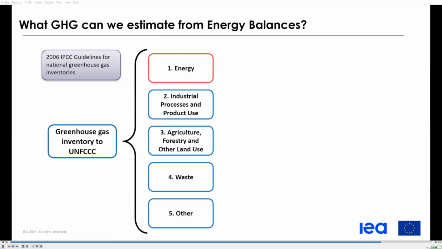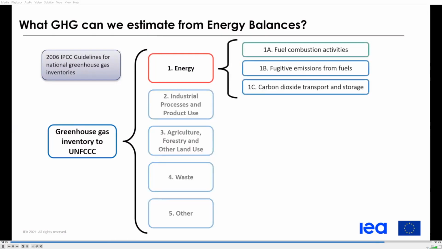It's important to note that according to the IPCC guidelines, countries report their emissions under 5 different categories, as listed on the page. The IEA deals with category 1, which corresponds to energy-related emissions only. Moreover, the energy-related emissions are divided into 3 subcategories under the guidelines, and the IEA estimates cover category 1A, which corresponds to the CO2 emissions resulting from fuel combustion only.